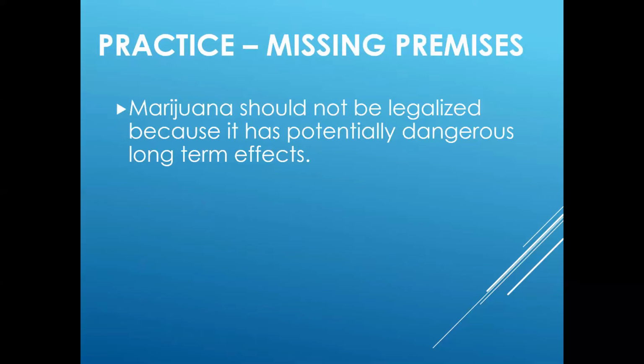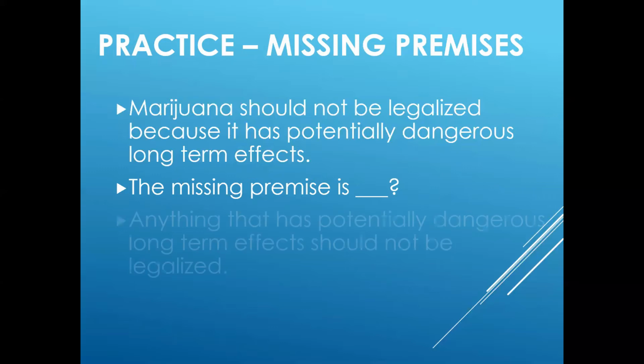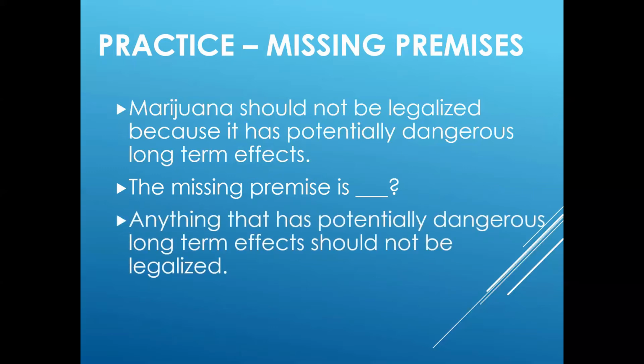But it doesn't follow directly that if something has potentially dangerous long-term effects, it should not be legalized, right? So what might be the missing premise? If you're going to be charitable here and assume that the person has an argument in mind, really presenting a reason, the missing premise is going to be something like this: anything that has potentially dangerous long-term effects should not be legalized. There's some kind of statement like that.